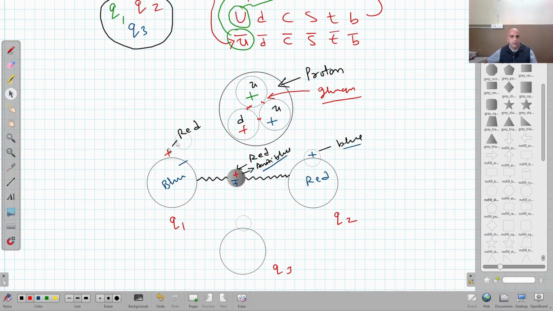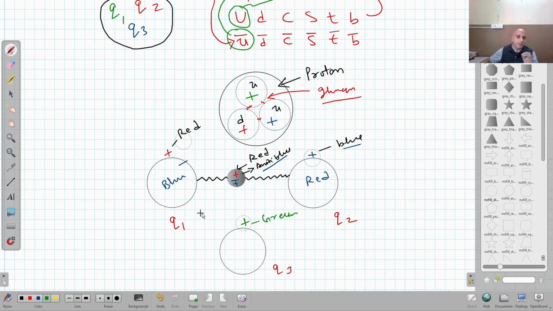This was again red, blue, and this will obviously be of a green color, right? It is of a green color, because all three quarks inside the proton are of different colors.